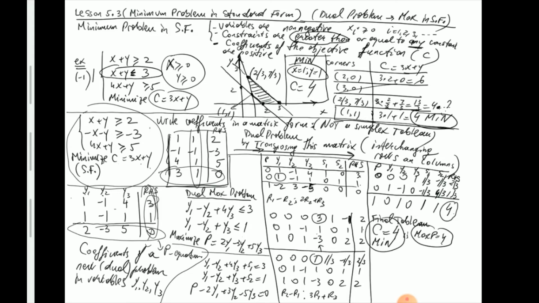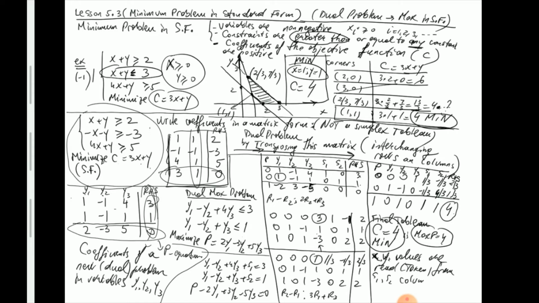The variables for which the minimum is attained, so the x and y values, are taken from the S1, S2 columns.